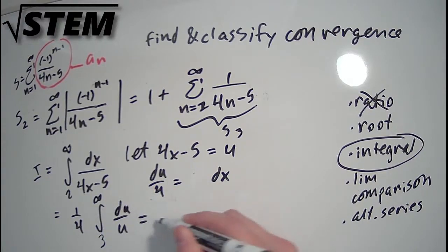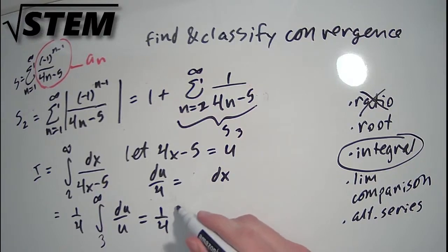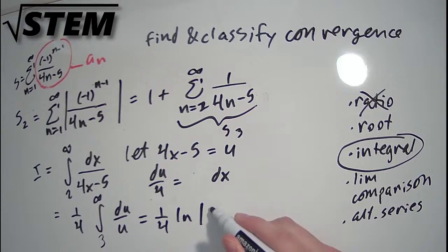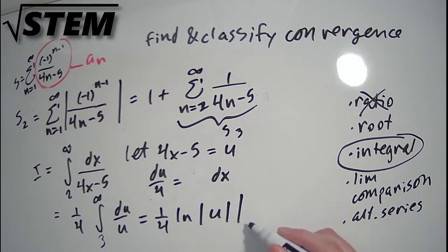Du over u, 1/4 the natural log of u evaluated from 3 to infinity. So that's the natural log of infinity minus the natural log of 3.